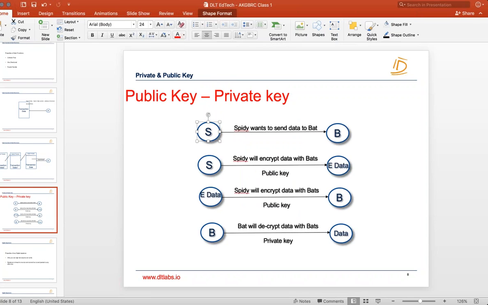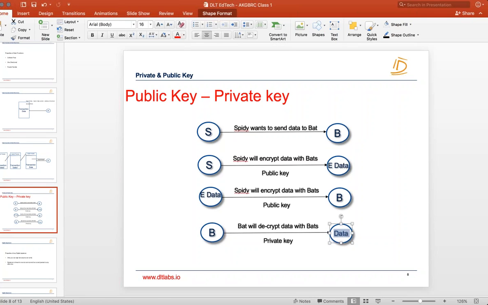So again, in my example, if Spidey has to send something to Bat, Spidey will encrypt the data using Bat's public key and will send the encrypted data to Bat. In order to read the data, Bat will use its own private key to decrypt it so that it can see the original data.